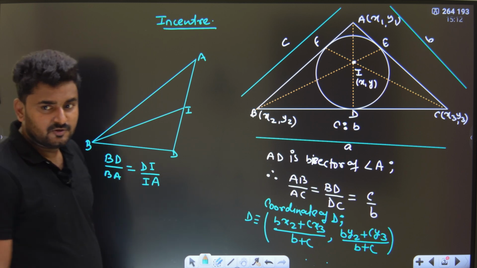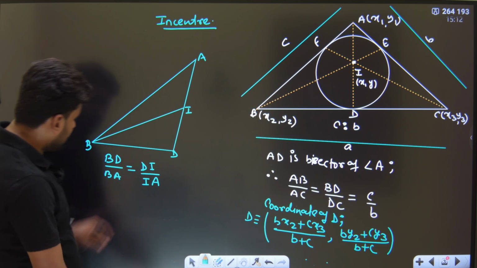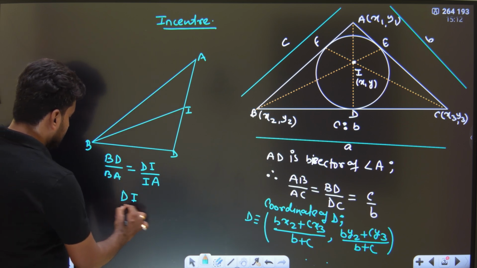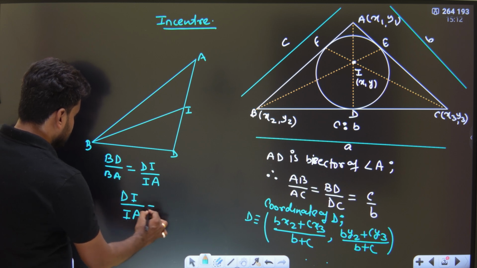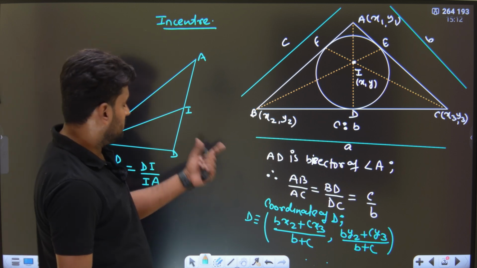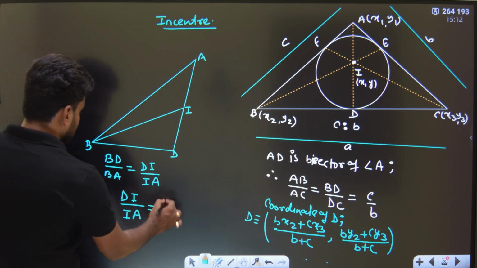So from here we find the ratio DI upon IA, which equals BD upon BA, and we need to find BD.